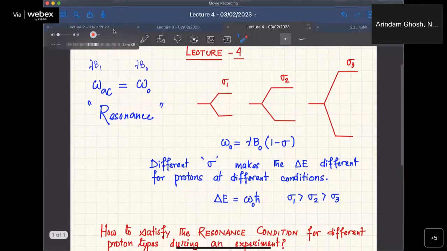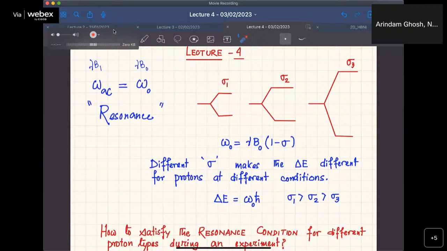Now the question is that this resonance that I was talking about, we have a certain B1, gamma is given for protons, certain B1 we're creating, because this B1 is a magnetic field we are creating using an electromagnet in the RF coil. This is a different coil.